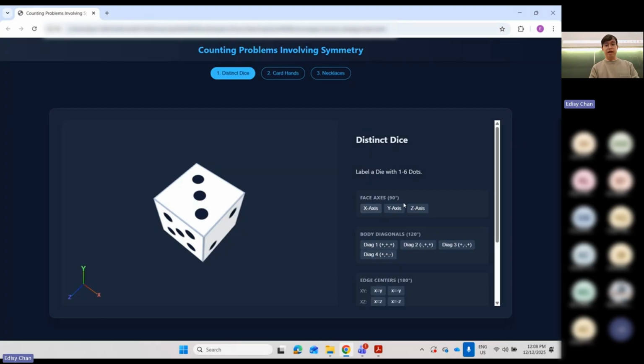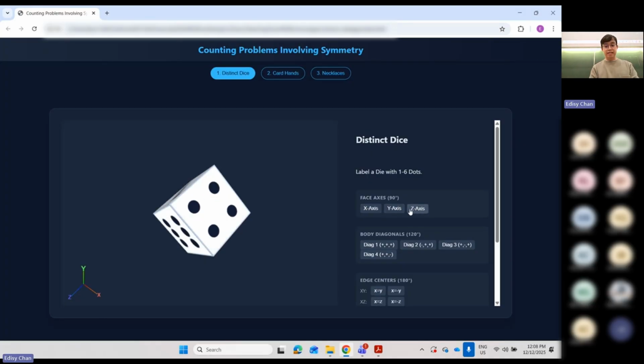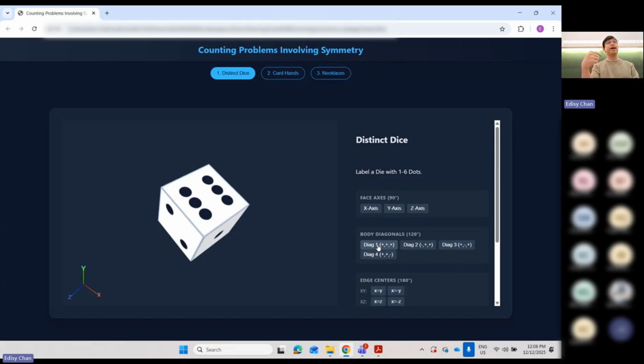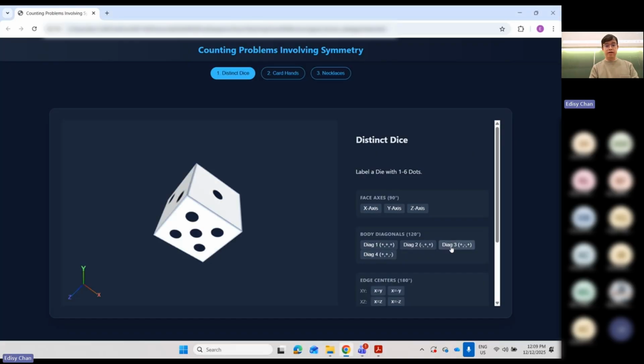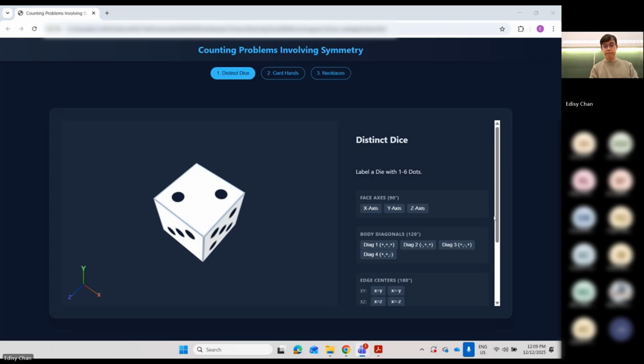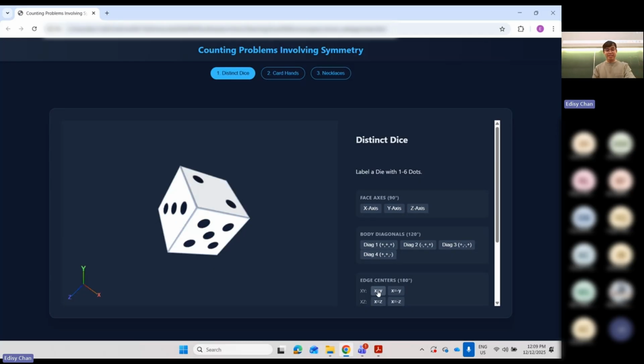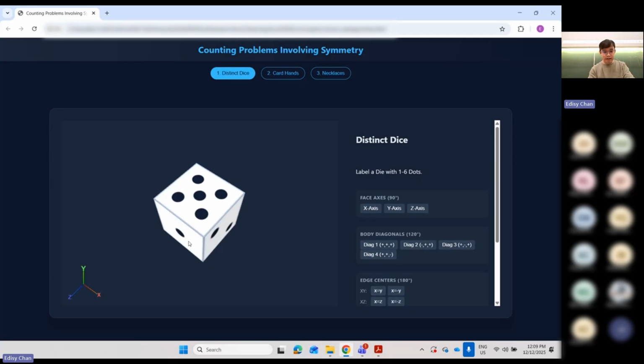Cool? We have the x-axis, y-axis, z-axis. We can also do the diagonals, right? We have 4 diagonals there. And then we also have the edge centers.